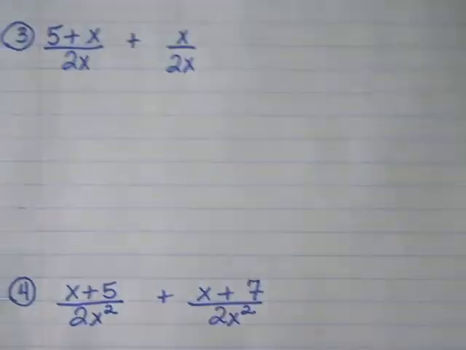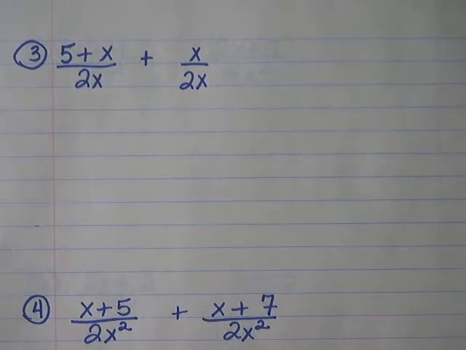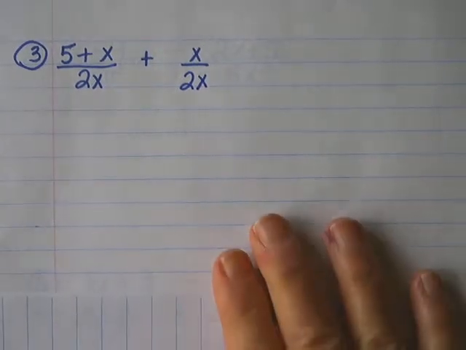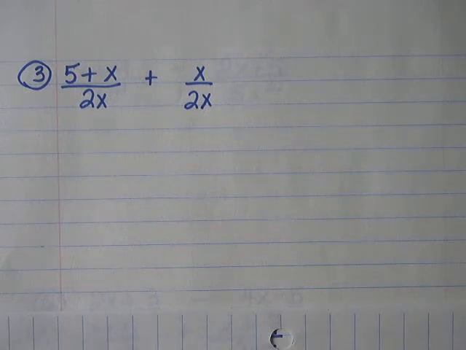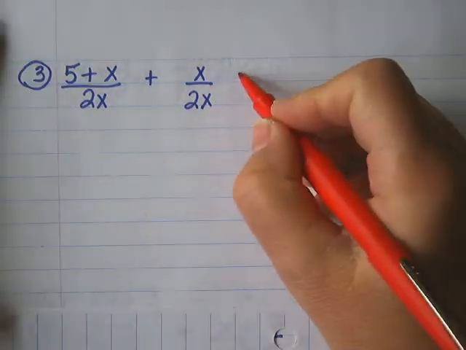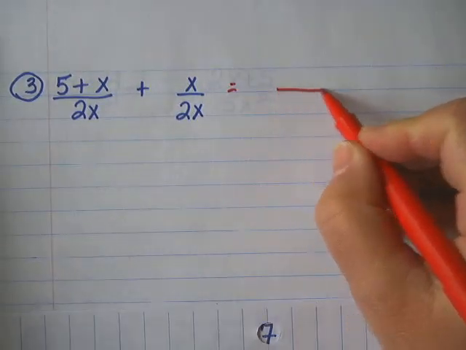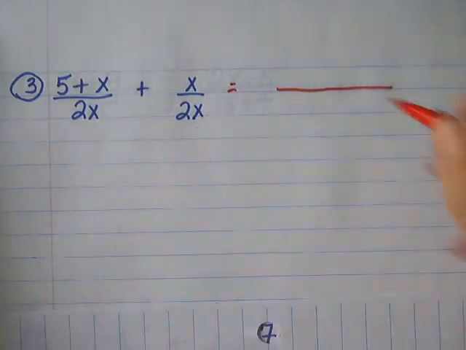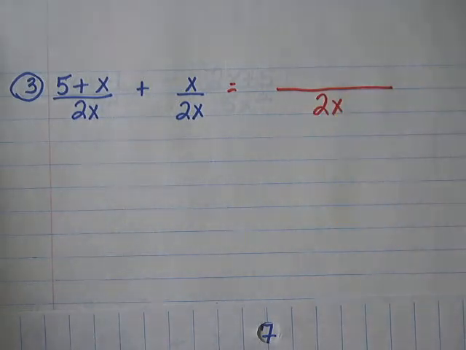And again, hit pause, write it down with me, do the problem with me. It's the best way to go here. Okay? So question number 3. All right. Let's go through the process. The process is we write the denominator once, 2x, we just bring it over.